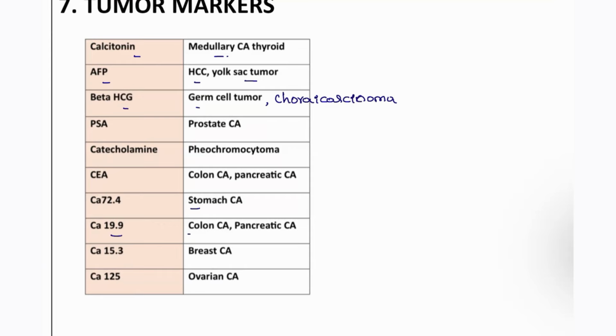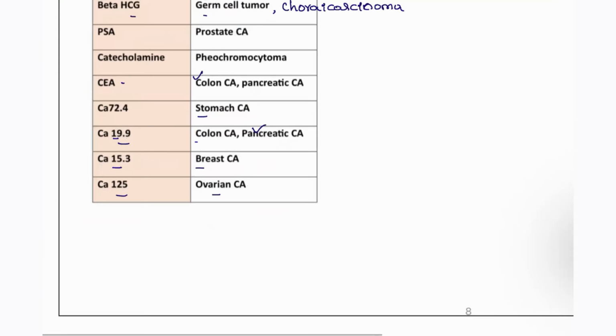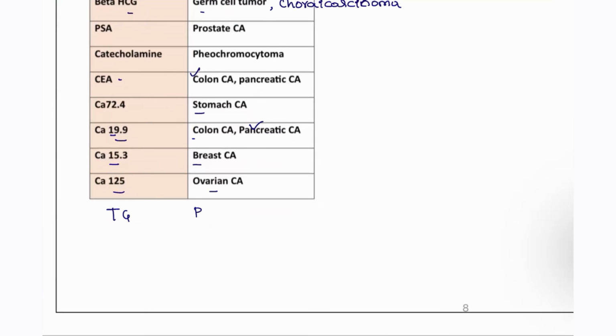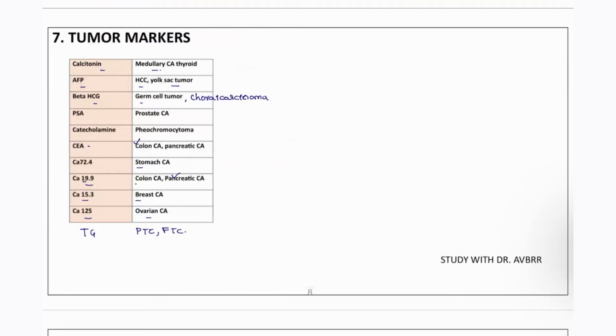Better to choose CEA for colon, CA19 for pancreatic. CA15 breast carcinoma, CA125 ovarian carcinoma, and thyroglobulin for papillary thyroid carcinoma and also follicular thyroid carcinoma. These are the important tumor markers that you have to remember.